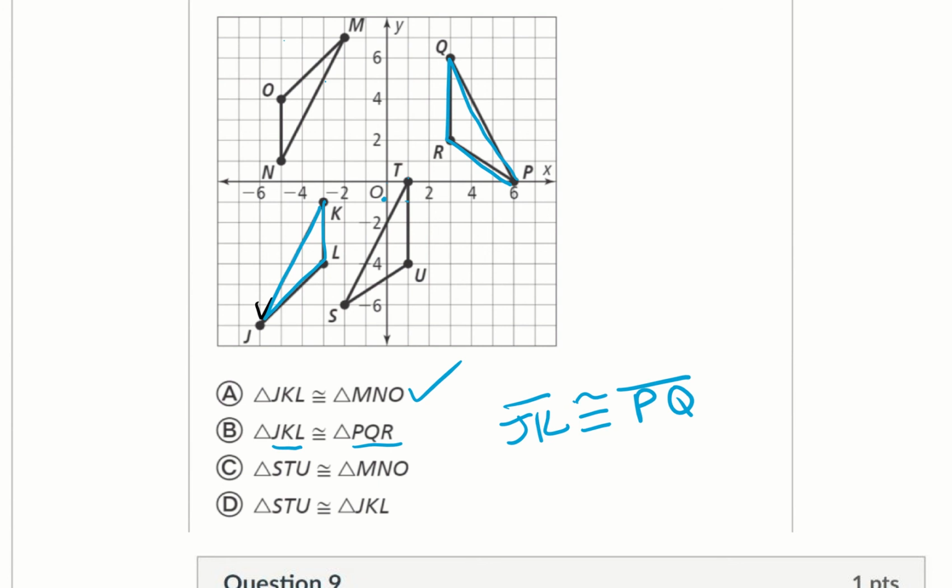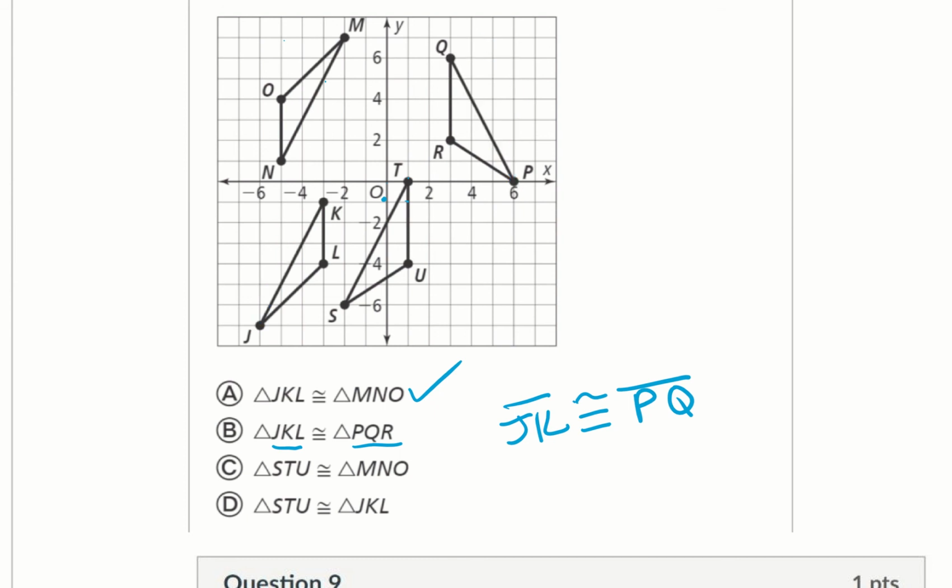So if we look at JK, is that side the same length as PQ? Well, it goes up 1, 2, 3, 4, 5, 6, and it goes 1, 2, 3 over. So 6 up, 3 over. So that looks fine. So far, that looks good.